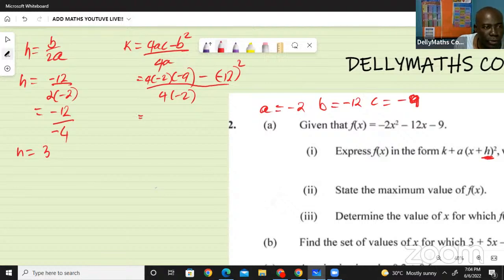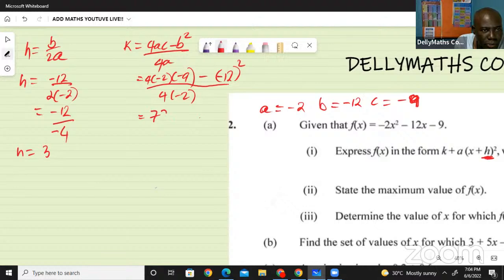Now I want to work this out and try not to make any error. Let me take out my calculator. We're talking about 4 times negative 2 times negative 9, and we're getting 72 right there.